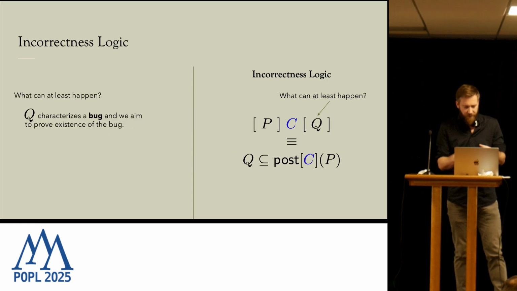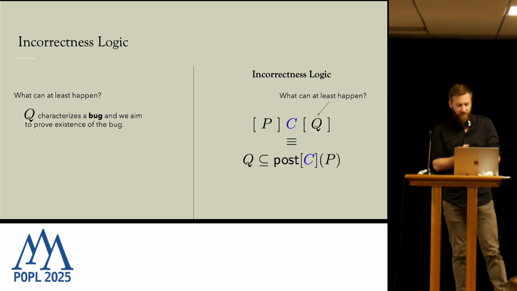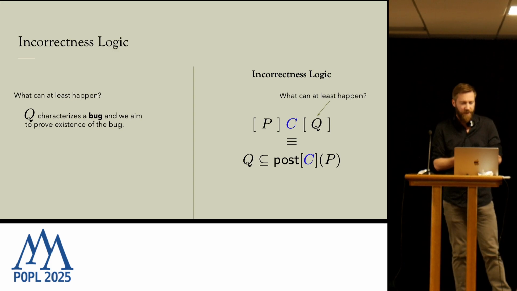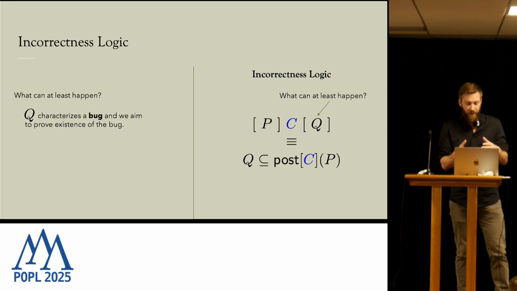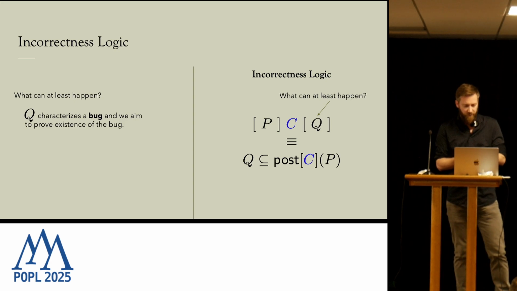Now, with this question in mind of what can at least happen, how can we use this incorrectness logic? Well, the way that Peter O'Hearn uses it is that Q characterizes a bug, and we aim to prove existence of this bug. And that's why it's called incorrectness reasoning.